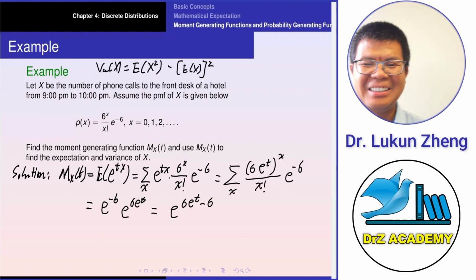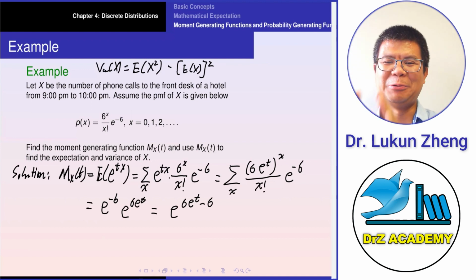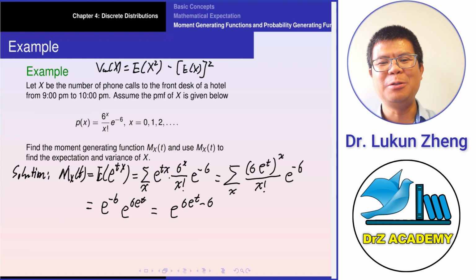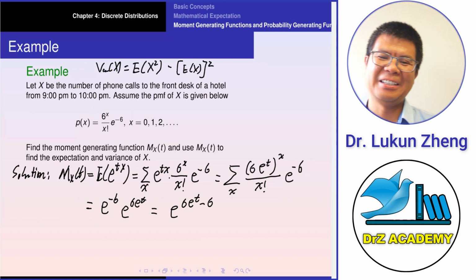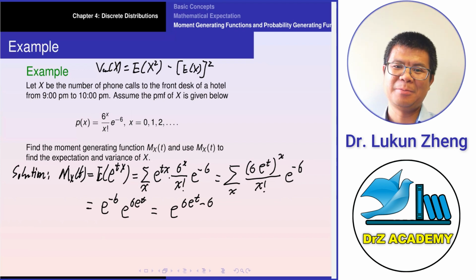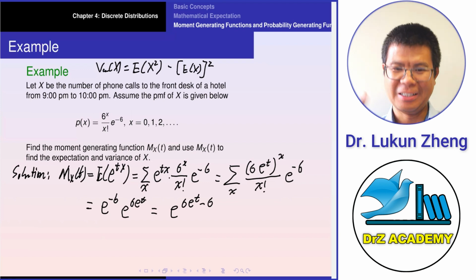So if we can find the first moment and also the second moment, we can just plug into the formula and find the variance. So the next thing is to find the first and second moments.